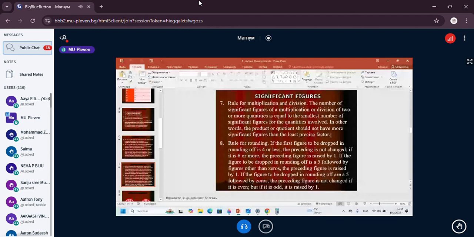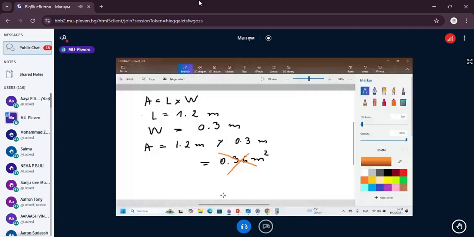Let us come back now to the example. We've got here the length. The number of significant digits is 2, because all non-zero figures are significant. The number of significant figures here is 1, because this 0 is not significant. Then the product shouldn't have more significant figures than the least precise factor.